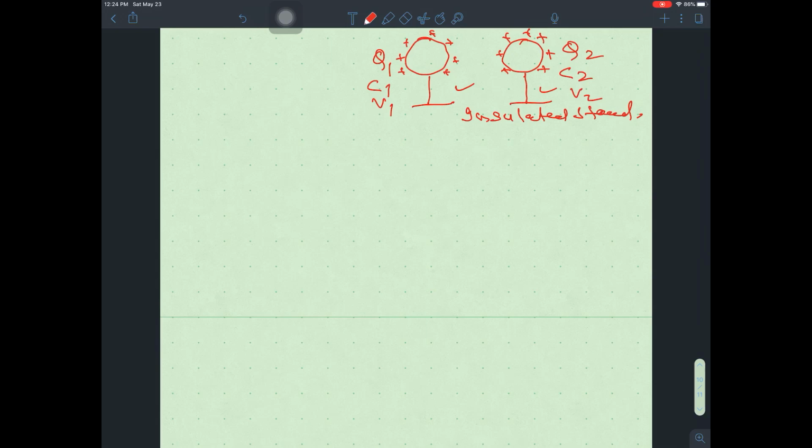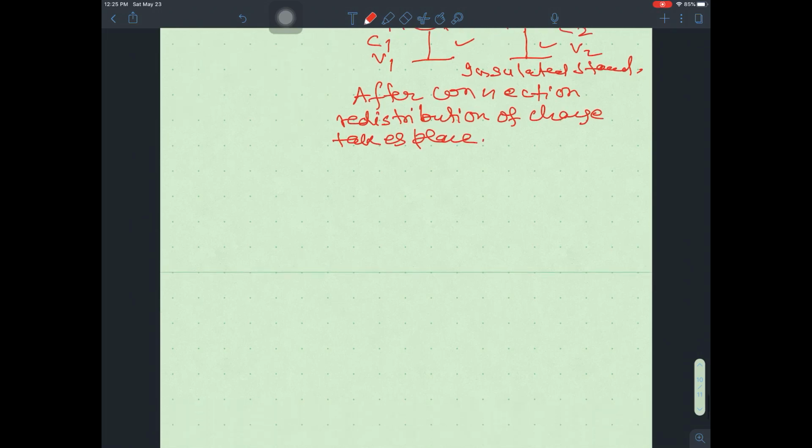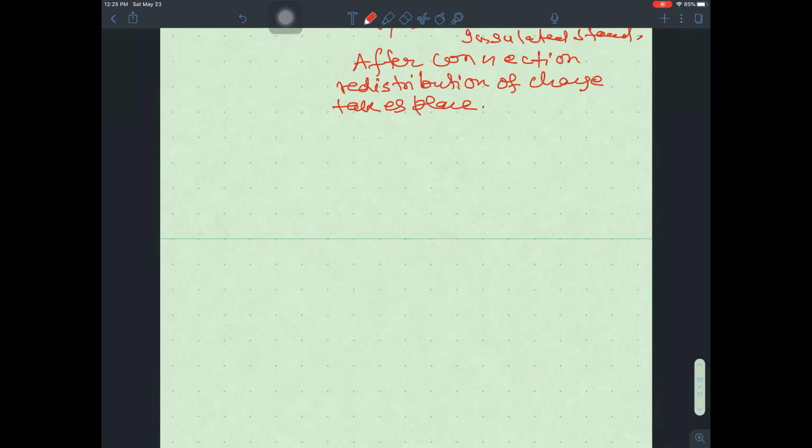Now if we connect them by a wire, then after connection, redistribution of charge takes place, which we are trying to understand.